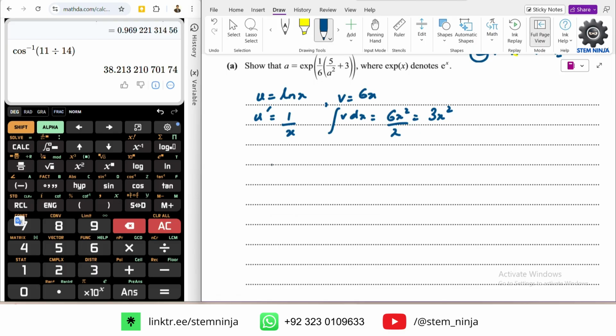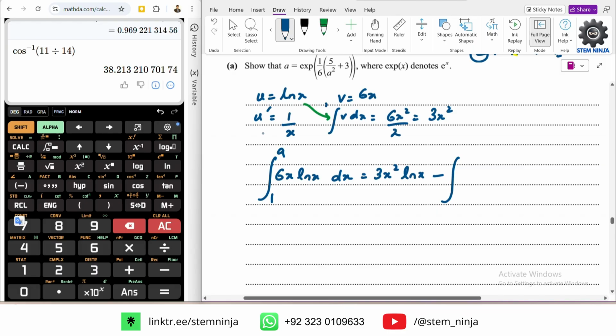Now when we take the integral of 6x ln x dx from 1 to a, first we apply the formula: u times the integral of v, so 3x squared ln x, minus the integral of 1 over x times 3x squared, so basically just 3x dx from 1 to a.